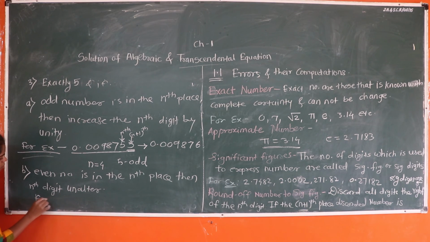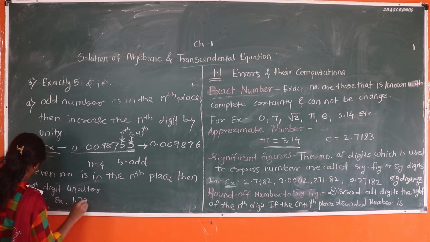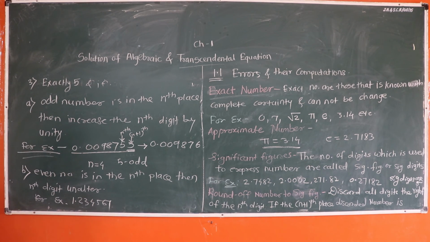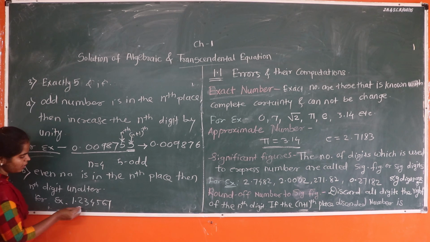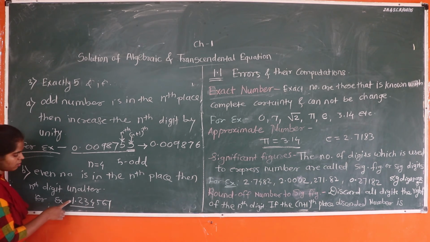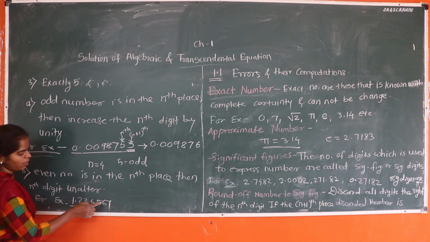For example, 1.23456. In this example, we round this number to 4 significant figures. The total significant figures in this number are 1, 2, 3, 4, 5, 6.